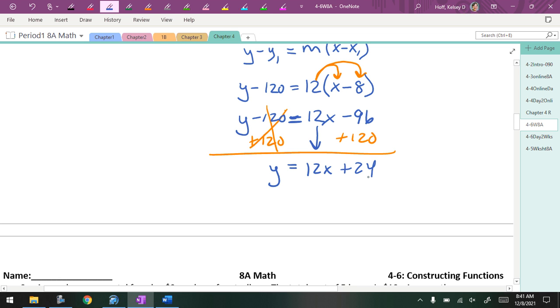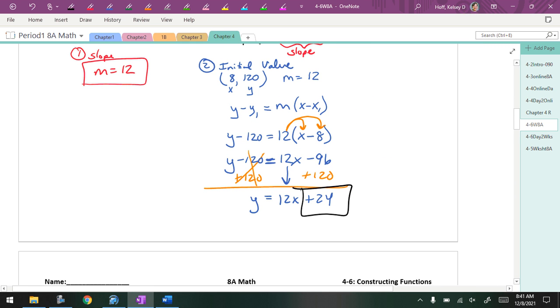Which one of those numbers is my initial value? My positive 24. So my slope is 12, and this is my initial value. If you just box them both in, I'm okay with that. But just for your own notes, you maybe want to write that.